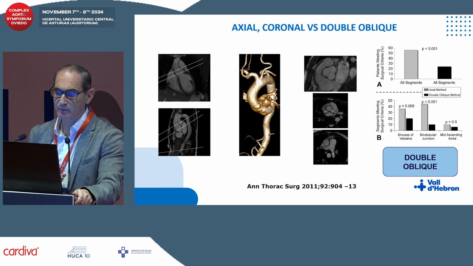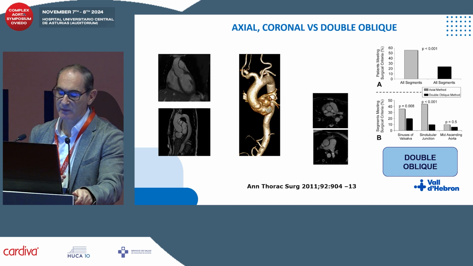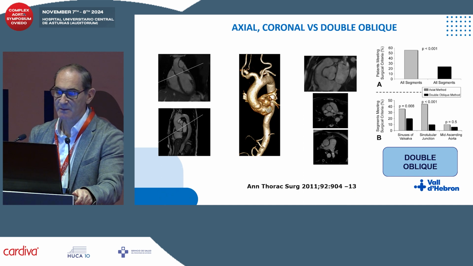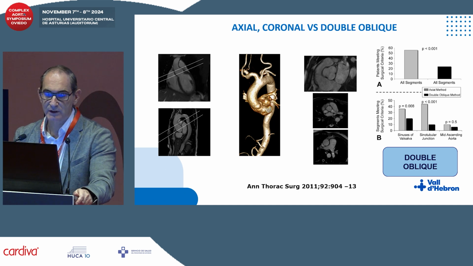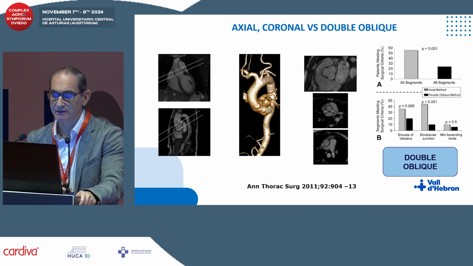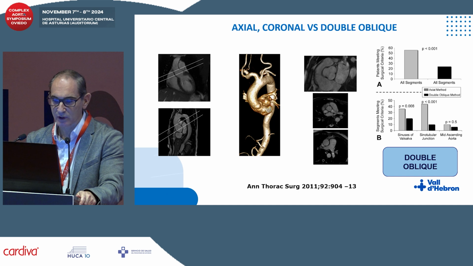This is also very important for the abdominal aorta, because there is sometimes elongation in the descending thoracic aorta or the abdominal aorta, and when we use the double oblique modalities, we are doing a precise measurement of the aorta.